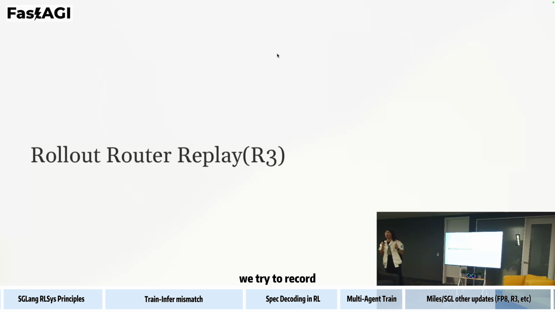We record the routing information when we are doing inference on the SGLang side, and we replay this routing information when we are doing forwarding on the Megatron side. That's the idea of routing replay: make sure that you are training the right experts when you are doing RL.